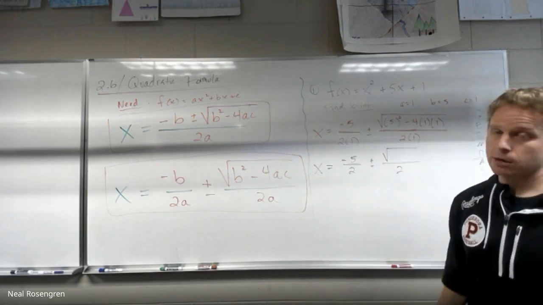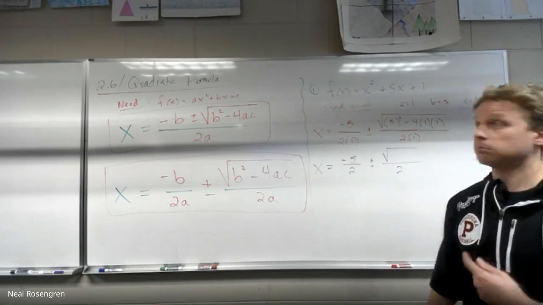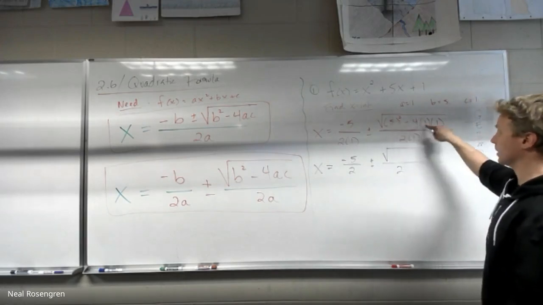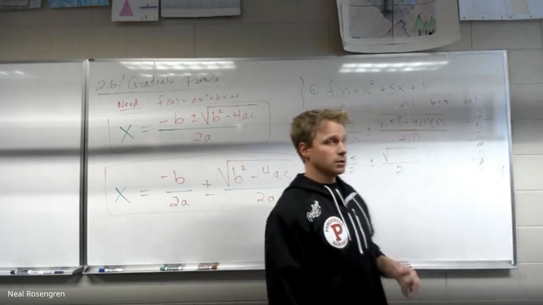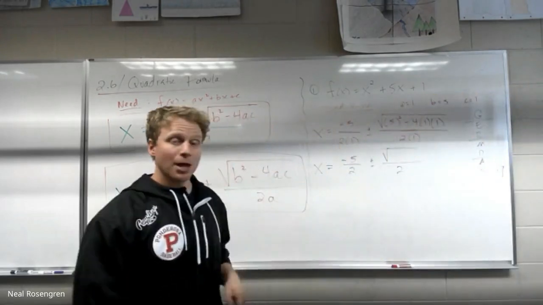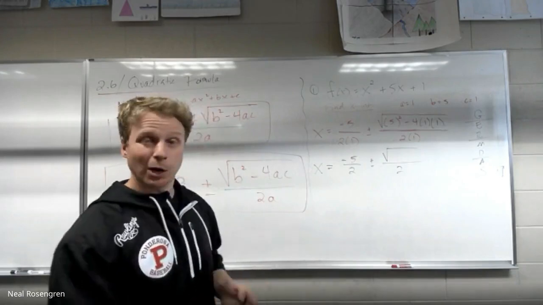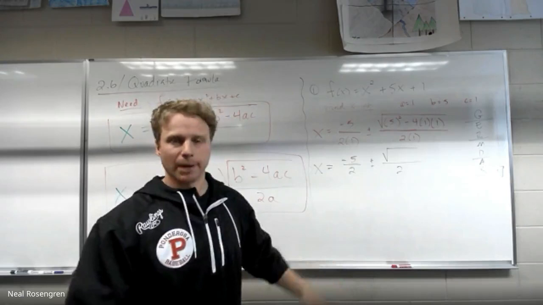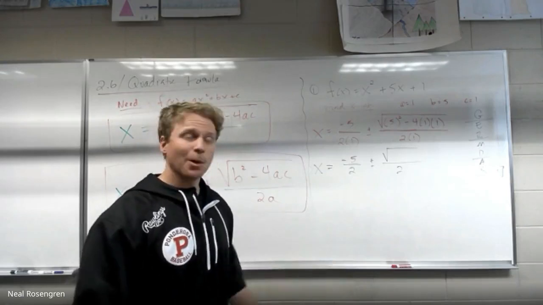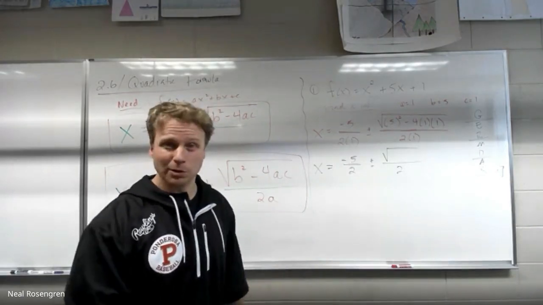All in one shot, in my calculator or in my head, 5 squared minus 4 times 1 times 1. Exactly as it's written, because if I use parentheses, my calculator won't screw it up. So I don't actually type the square root in yet. Because if I type the square root of 5 squared minus 4 times 1 times 1, and it's not a perfect square, it's going to give me the decimal.